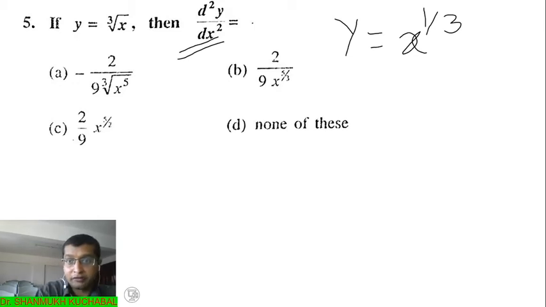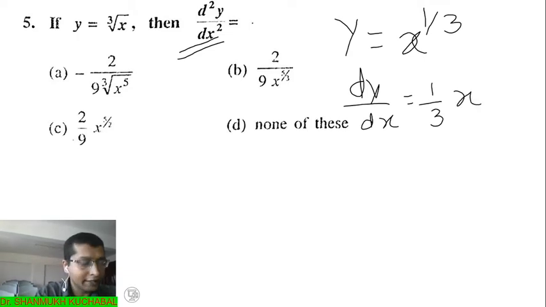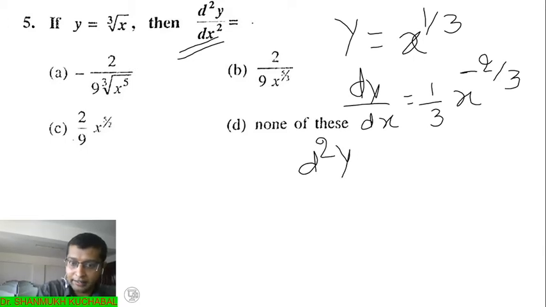So differentiating y, we get dy by dx equal to, x raised to n is n x raised to n minus 1, so 1 by 3 minus 1, we get minus 2 by 3. Further, once again we differentiate with respect to x, then we get d square y divided by dx square.